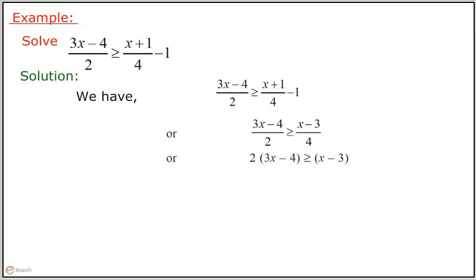We have (3x minus 4) by 2 greater than or equal to (x plus 1) by 4 minus 1, or (3x minus 4) by 2 greater than or equal to (x minus 3) by 4, or 2 times (3x minus 4) is greater than or equal to x minus 3, or 6x minus 8 is greater than or equal to x minus 3, or 5x is greater than or equal to 5, or x is greater than or equal to 1.